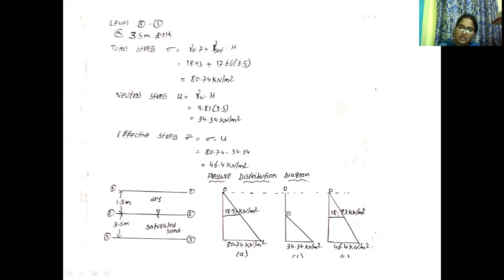That particular layer unit weight of water multiplied by height, that is gamma w into H. What is the value of unit weight of water? 9.81 into H means 3.5. That third layer thickness is 3.5. So 34.34 kilonewton per meter square. So sigma dash is equal to sigma minus u. 80.74 minus 34.34, you will get 46.4 kilonewton per meter square.